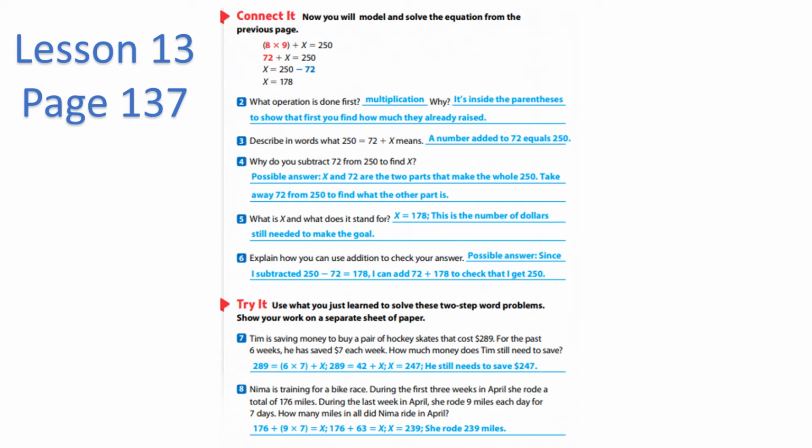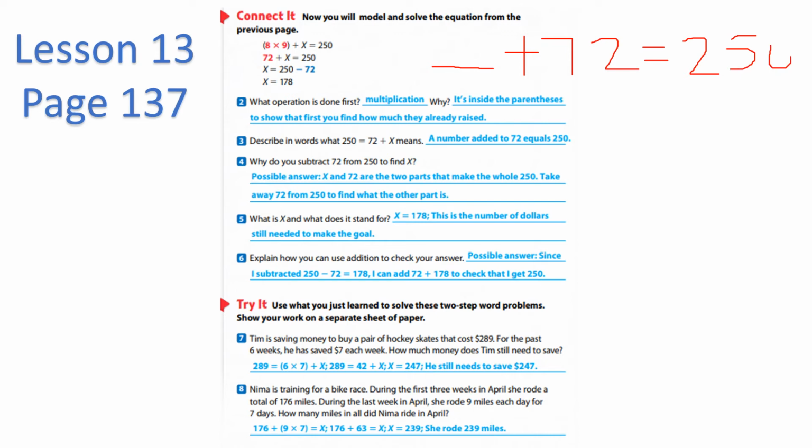On number 3, it says to describe in words what 250 equals 72 plus X actually means. So it already gives us the answer, a number added to 72 equals 250. But we want to make sure we really understand how they're explaining that. So that's the same as when we used to see equations, or we can still see equations, where we have a blank plus a number, and they show us our total.